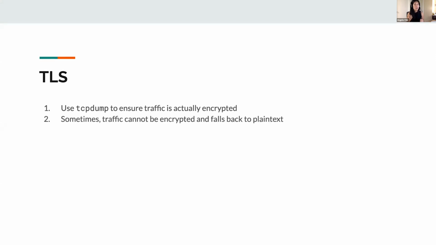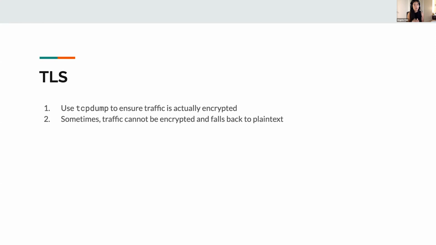And so last but not least, I wanted to do a brief aside on TLS. With TLS, one of the top things I always like to say is you might think you're speaking TLS, but you aren't actually. And so I always recommend to use tcpdump to ensure that your traffic is actually encrypted. You might have checked that box that says TLS is good to go, but sometimes your traffic, for whatever reason, can't be encrypted, and so it falls back to plain text.